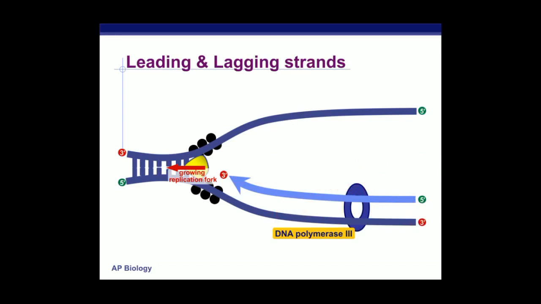So after that, only one RNA primer is needed in the leading strand for the formation of the whole new DNA strand, okay, correct? This is the idea.